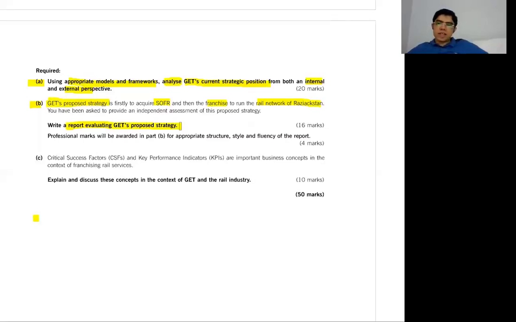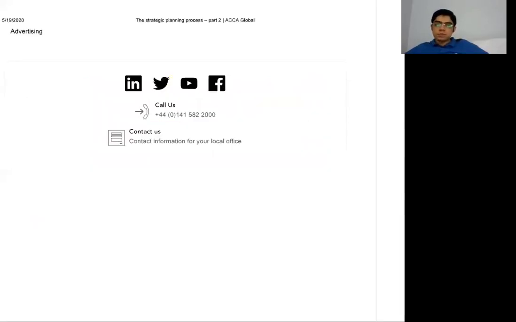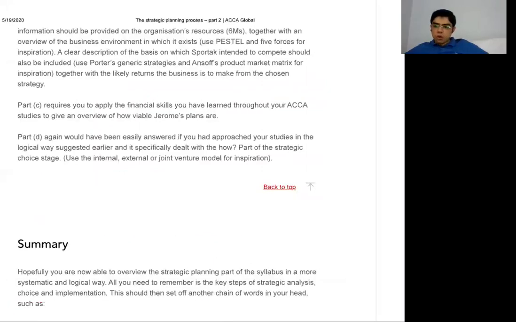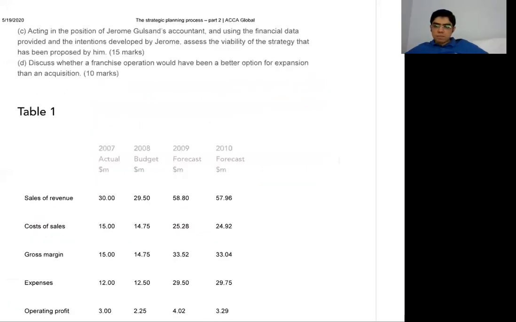Whether it has to be selected or not, before selecting a strategy, you're already aware of this fact that whenever entities have a strategic choice available, an option available, that has to be evaluated. And that has to be evaluated in accordance with the criteria. And what is that criteria?